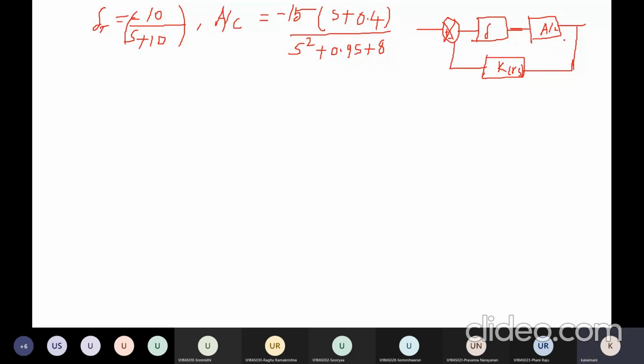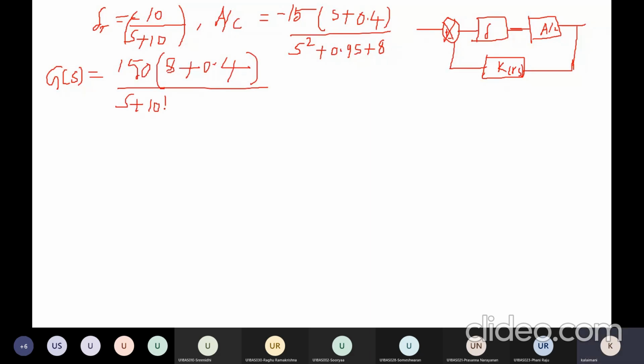Therefore my G(s) combines these two cases. Initially we assume the rate gyro sensitivity value is 1, then G(s) equals 150 times (s plus 0.4) divided by (s plus 10) times (s square plus 0.9 s plus 8).